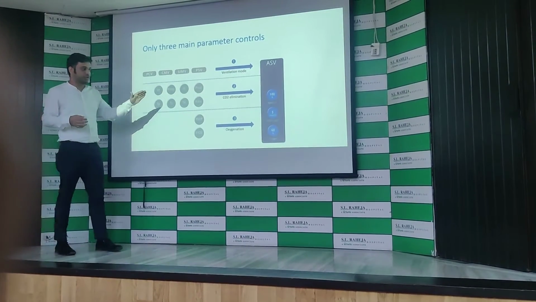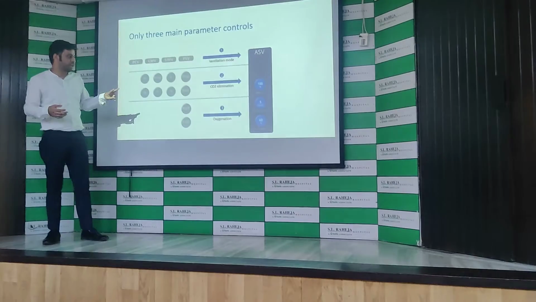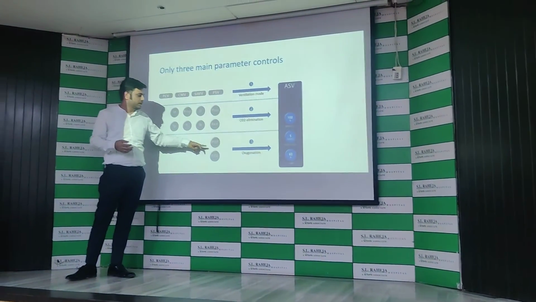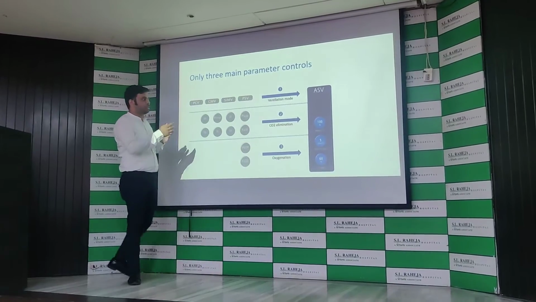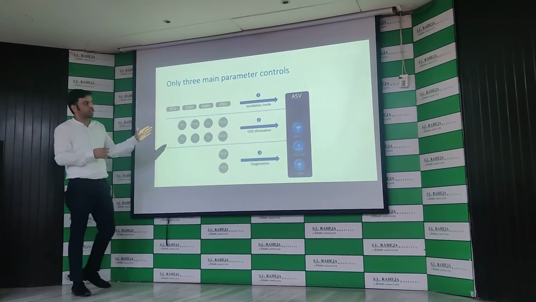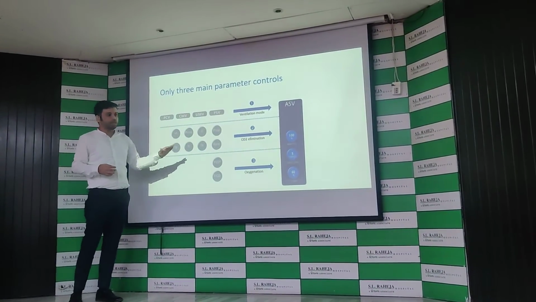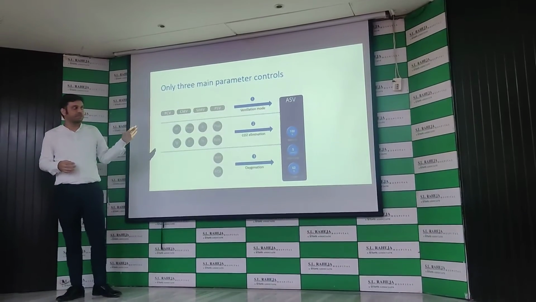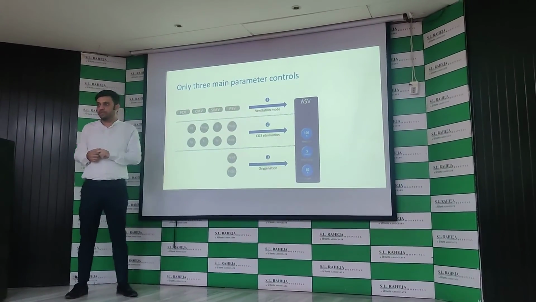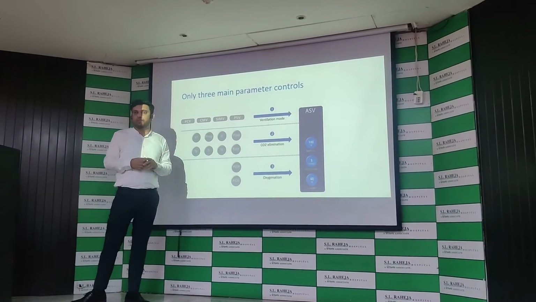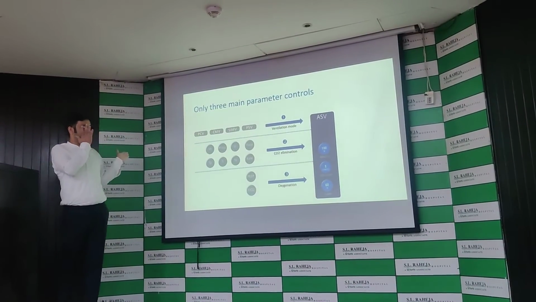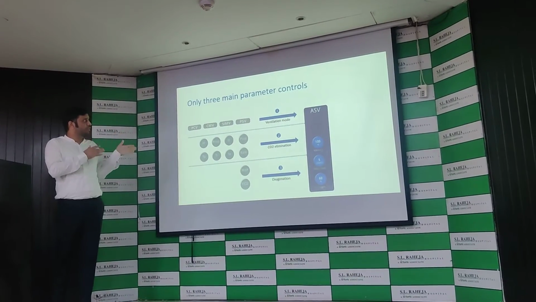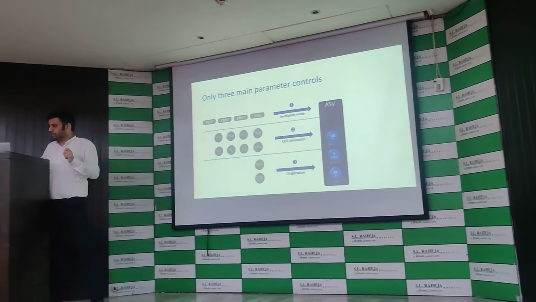Similarly for SpO2 and the oxygenation part, we have two additional parameters, which are PEEP and FiO2. Exactly the same PEEP and FiO2 we have to set. So in comparison with the conventional mode, for all these parameters we additionally set for volume and pressures, we have just one parameter which we have to set on the machine, which is the percentage of minute ventilation. So this is how ASV differs from the conventional mode.